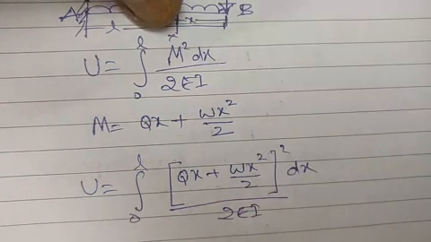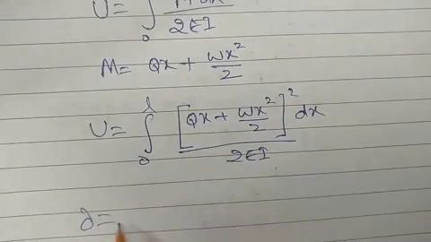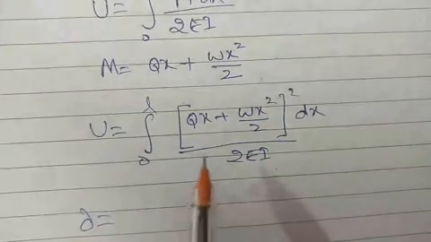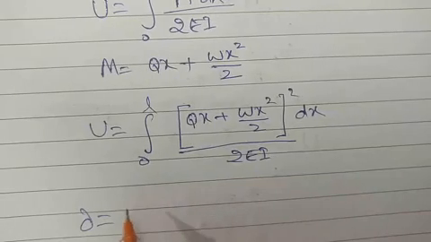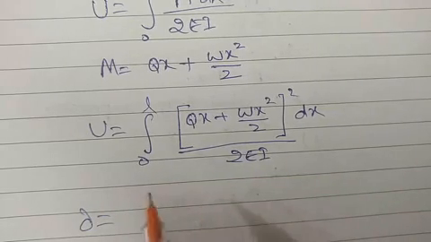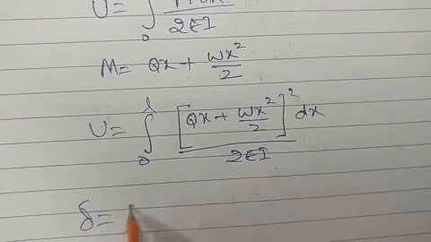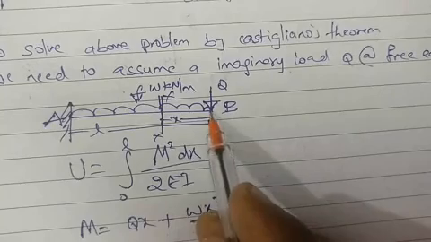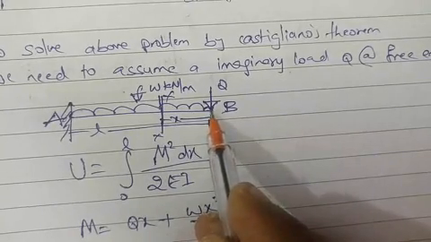Now, as per Castigliano's theorem, displacement is equal to, here what we will do, first we will do the partial differentiation, then we will do the integration. Delta is equal to dou U by, see, we need displacement at this point. So what is the force here?